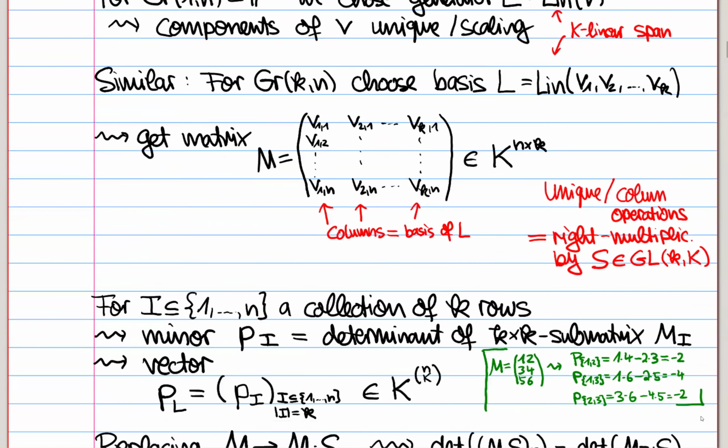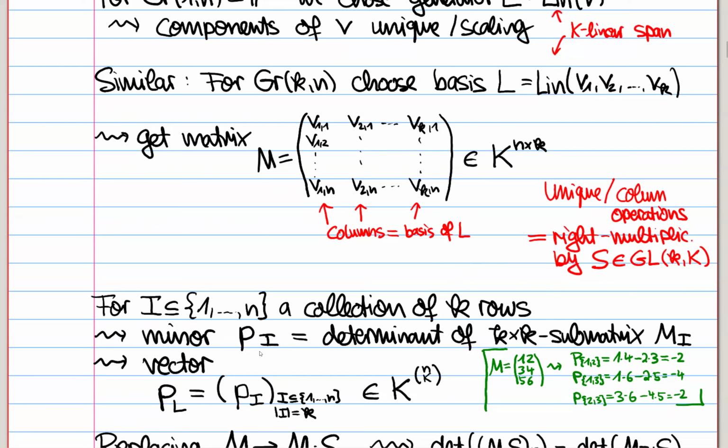And then how can we extract some invariance under this multiplication action? Well, if you choose some set of k rows of this matrix, then this gives you a k cross k submatrix, right? Because there are k columns here. And then you can take the determinant of this submatrix.